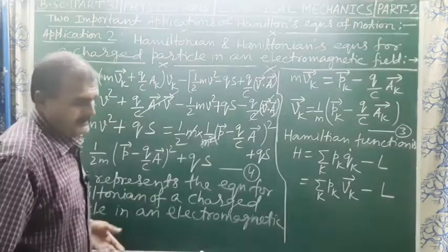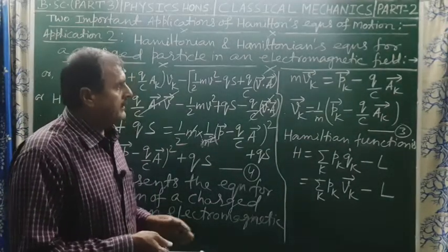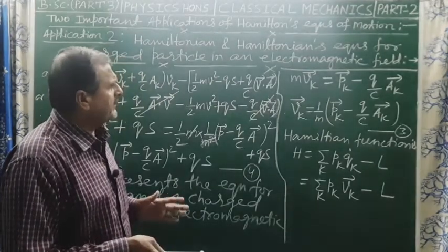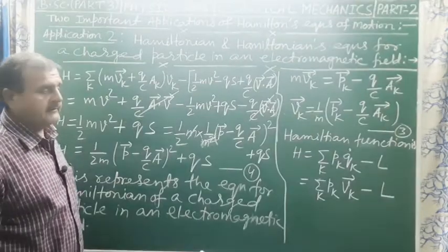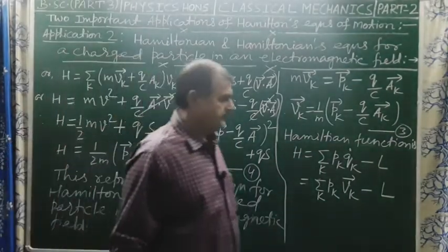Now we have to find the Hamilton's equations for a charged particle in an electromagnetic field using Hamilton's canonical equations of motion.